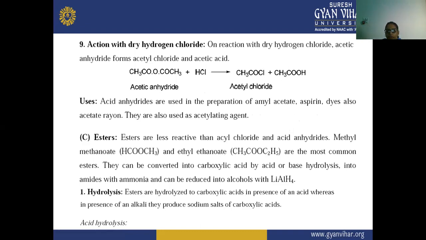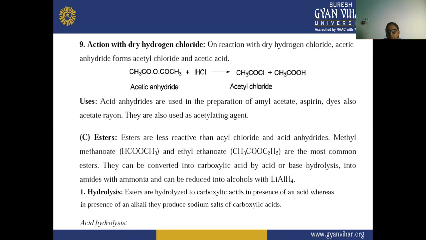Next is the action with dry hydrogen chloride. On reaction with dry hydrogen chloride, there is a formation of acetic anhydride from acetyl chloride and acetic acid. So acetyl chloride is reacting with acetic acid.